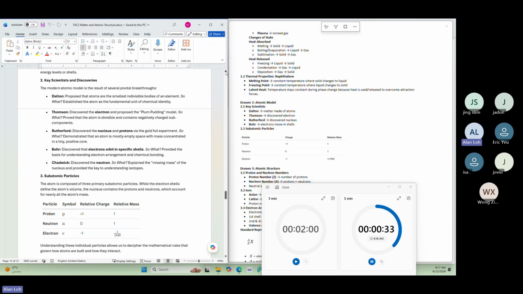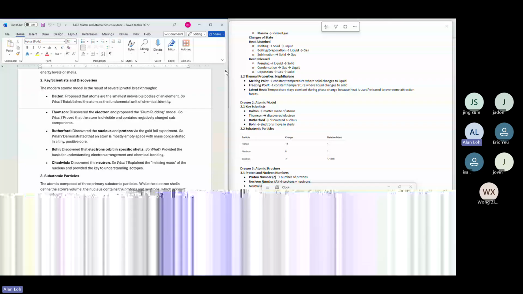Should be 0.2 or 3. All right, that is drawer 2, step 5. So your understanding level should be at level 5 for your drawer 2 and drawer 1.